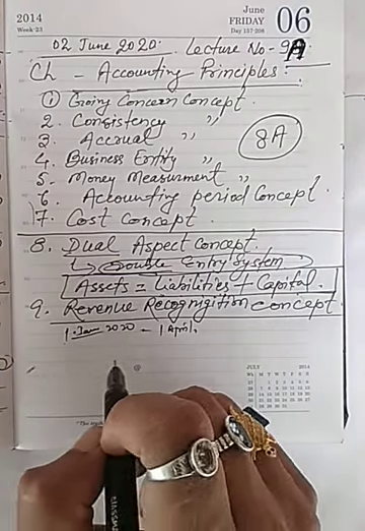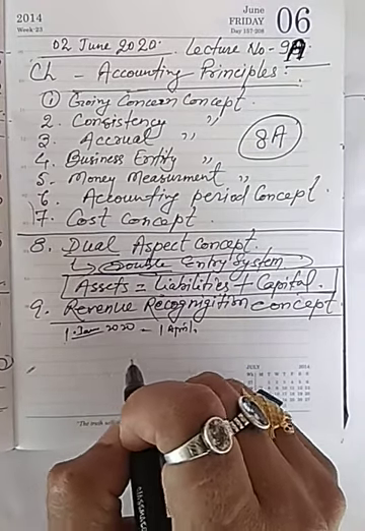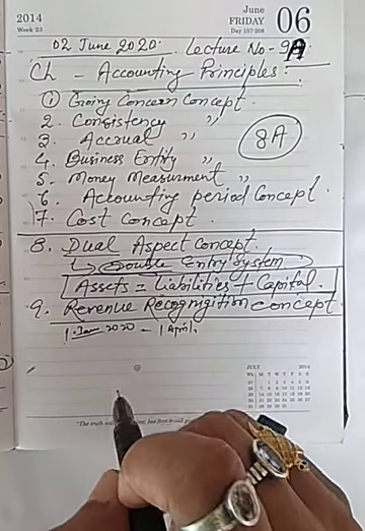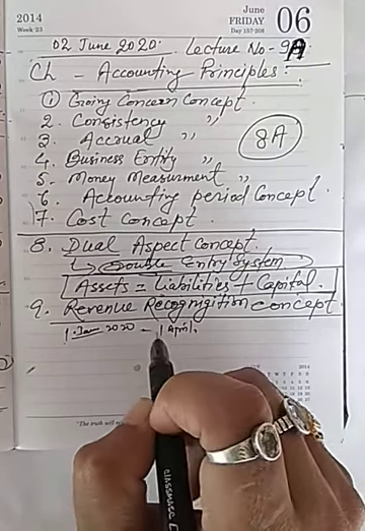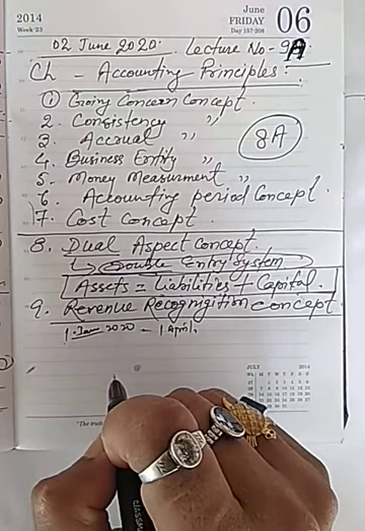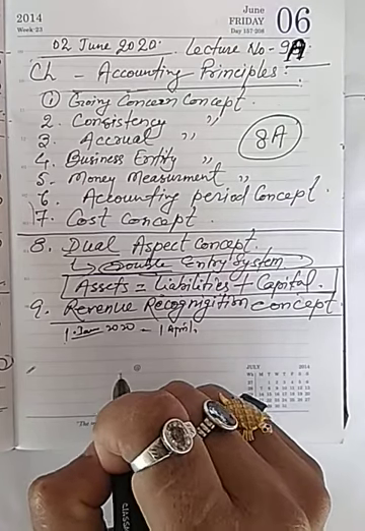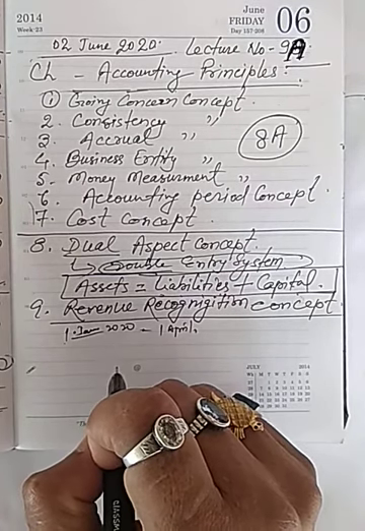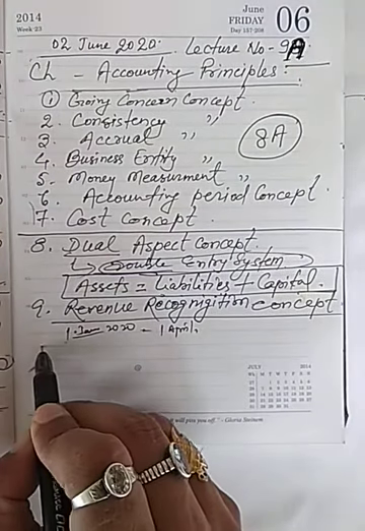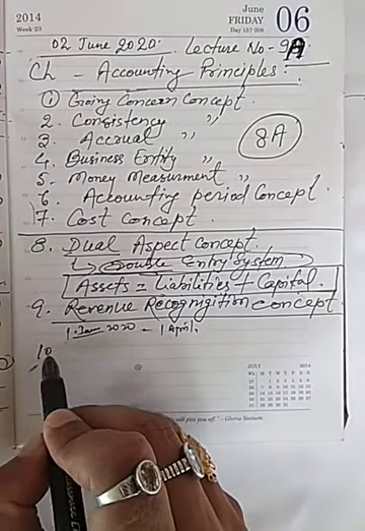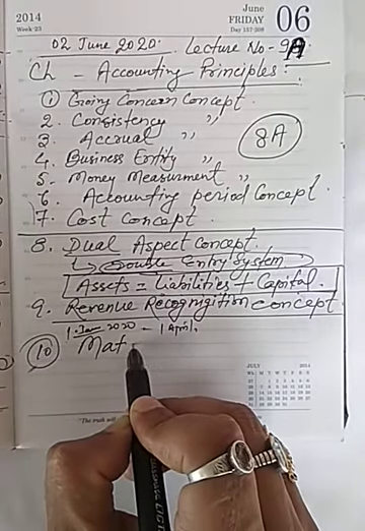Similarly, if a commission for April is received in advance in March, it will be treated as revenue of the financial year commencing 1st April 2020. Now next concept is matching concept.